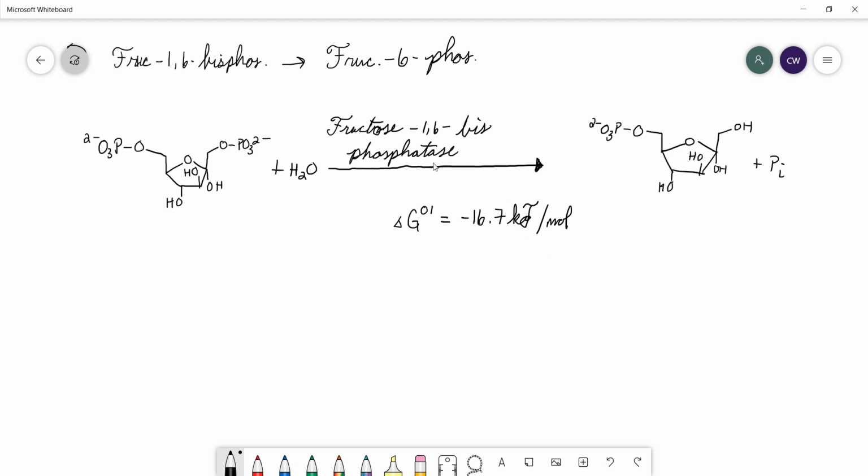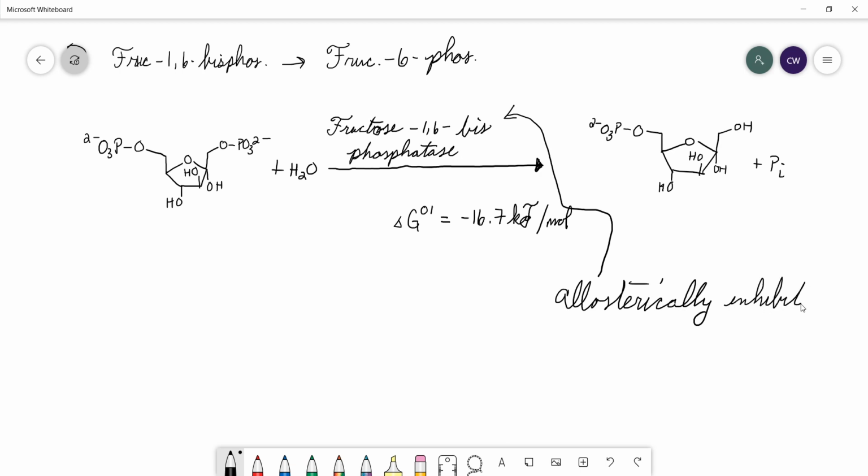The enzyme here is allosterically inhibited. So that enzyme is allosterically inhibited, by its own starting material, ironically.